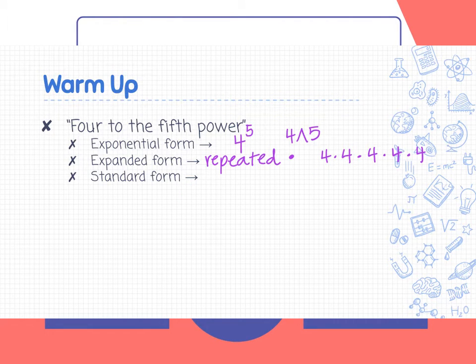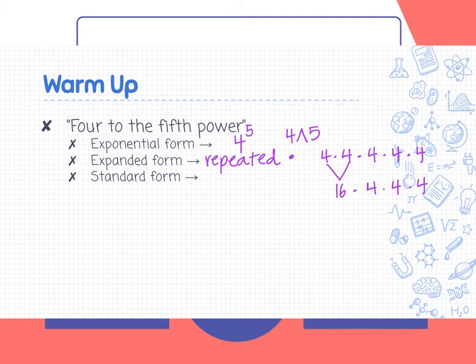So if we take 4 times 4, we have 16. So we'd have 2 16s here and here. And then if we took 16 times 16, we have 16 times 4 times 4 times 4.